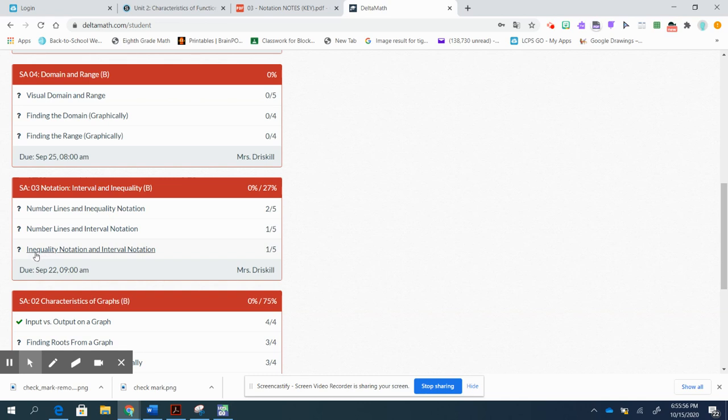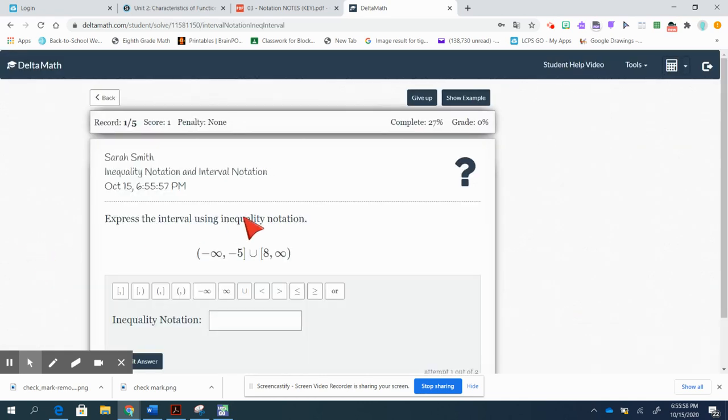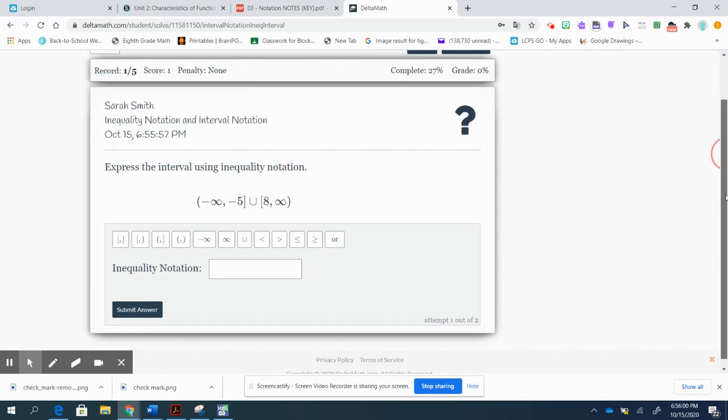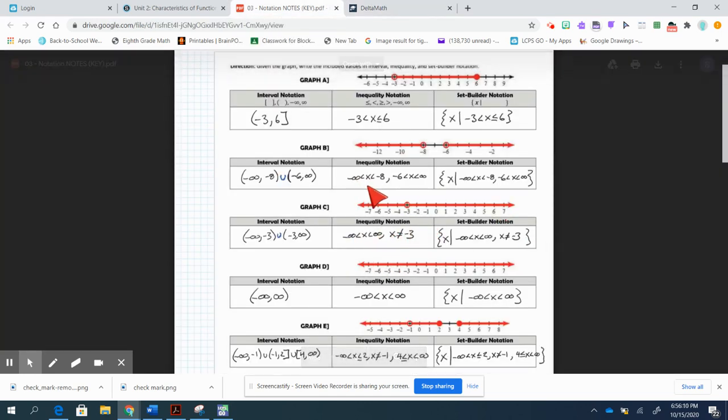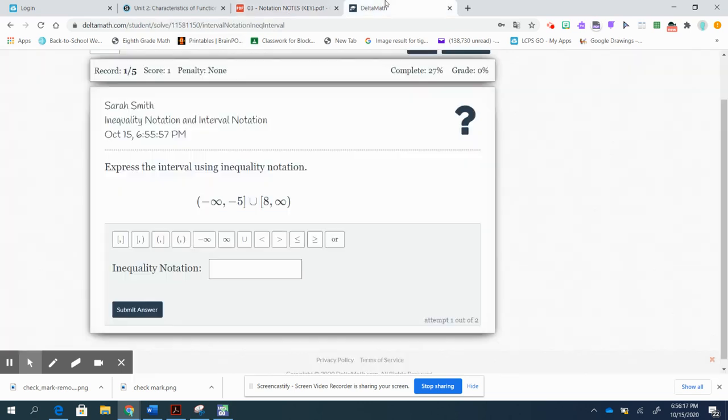And then finally, we have inequality notation and interval notation. All right, so this one, express the interval using inequality notation. All right, so you can go back here and kind of remember what the inequality notation looks like. That's where we'll have our greater than, less than type signs. All right, we have a negative infinity and a negative 5. So we know, and we have the hard bracket there.